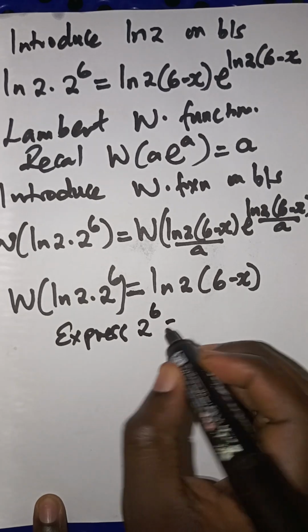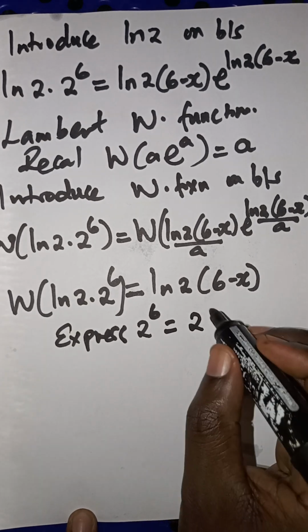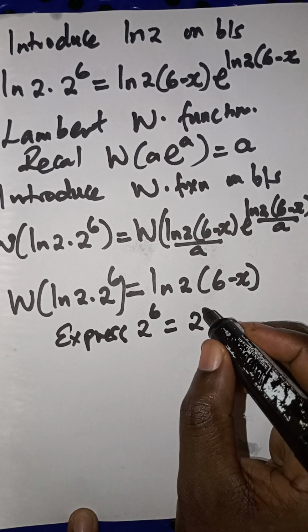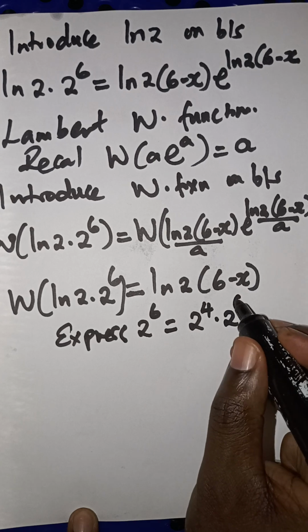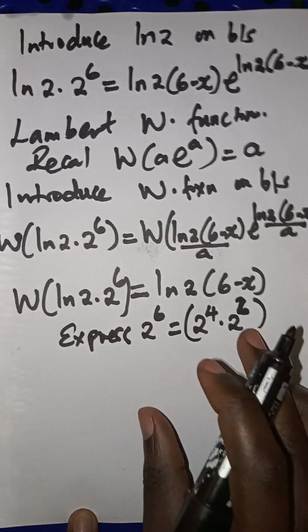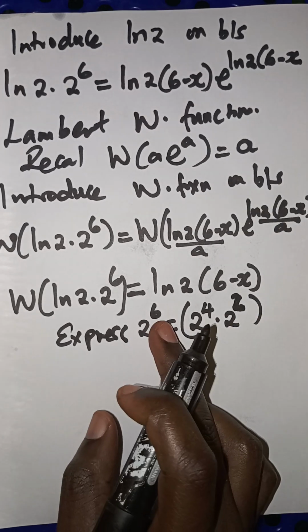2 power 6 in terms of its products as 2 power 4 multiplied by 2 power 2. Of course, when you add the powers, you're going to get 6.